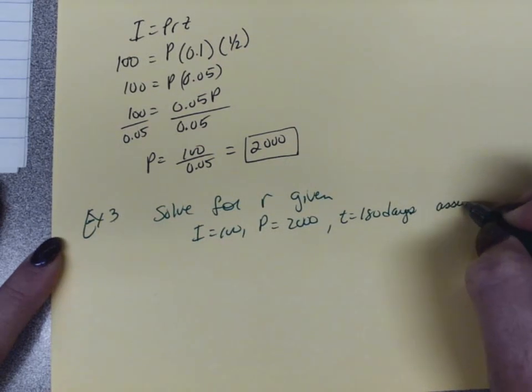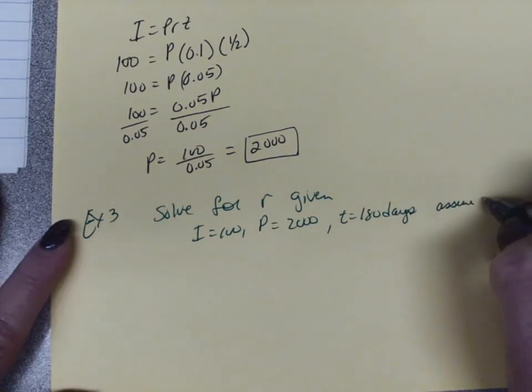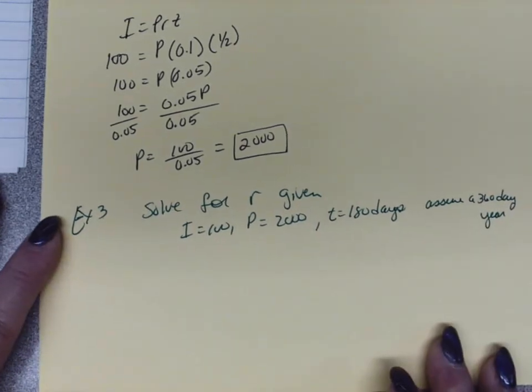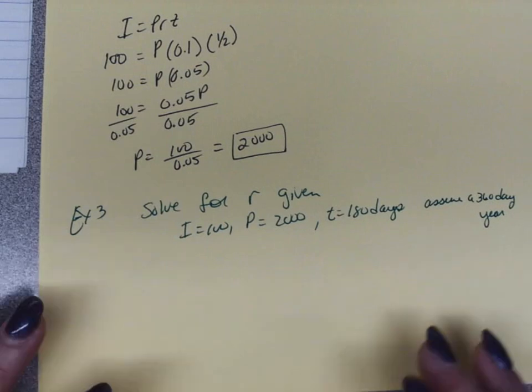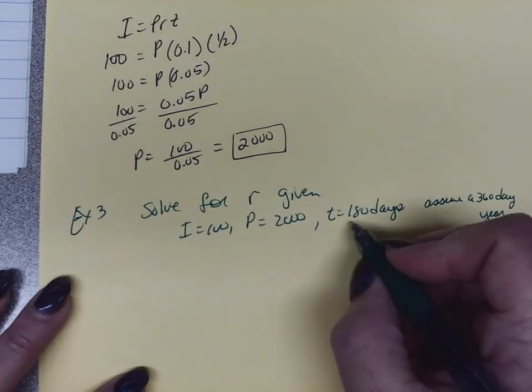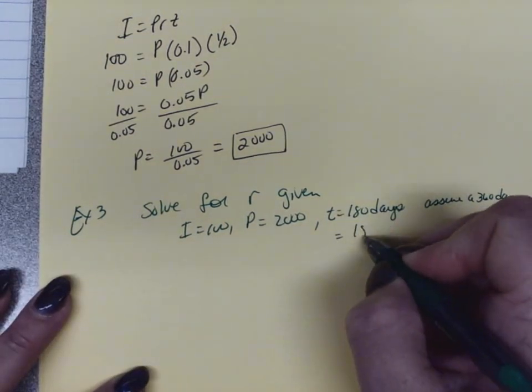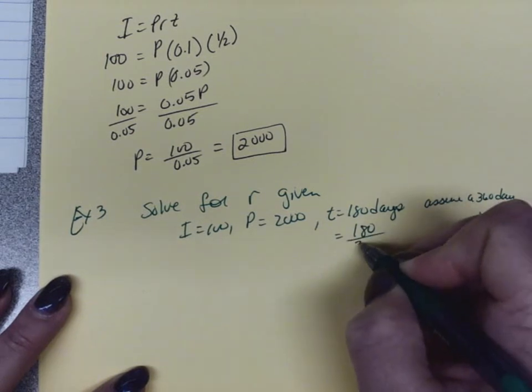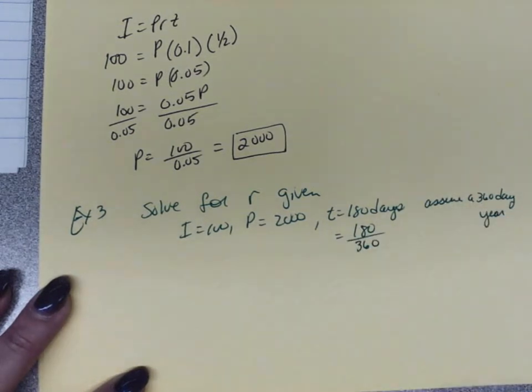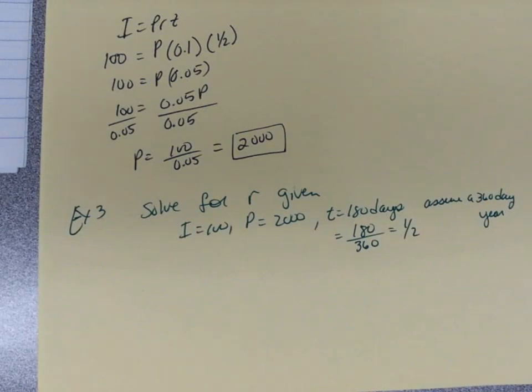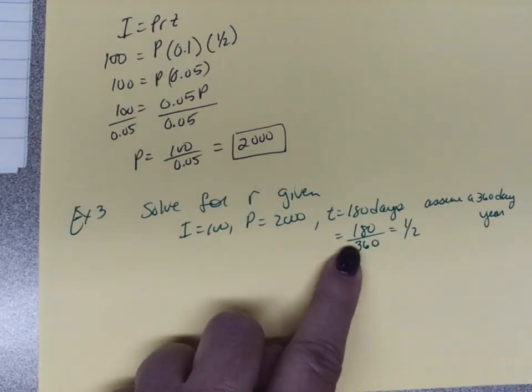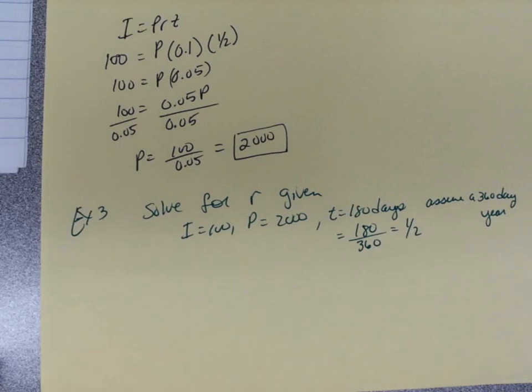So they are saying assume a 360-day year, because otherwise you got to know how many days they're saying. So that means that my T is 180 days out of 360 days, which again will end up being 1/2. It always has to be in years. It cannot just be in days. It cannot be in months.